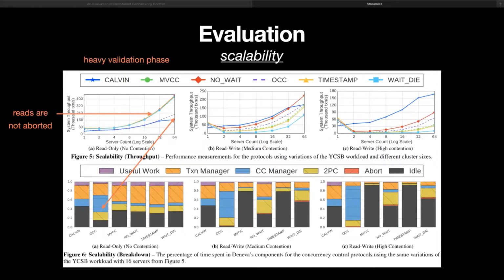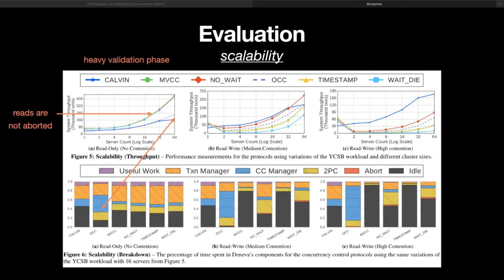Two PCs, I didn't mention this, but in this system, all of these protocols except for Kelvin are using the two-phase commit protocol because the system is distributed. The abort time is the time the protocol spends cleaning up the aborted transactions. Idle time is where the protocol is just sitting around doing nothing.